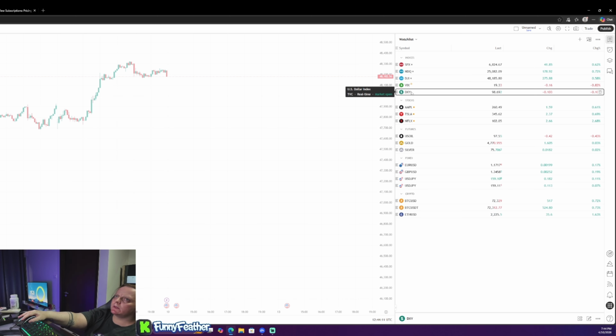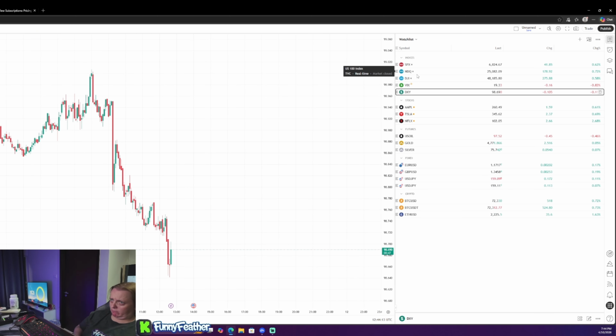Sometimes you can use this as well, the DXY, to analyze the chart regarding gold, because this is the US dollar index. So sometimes we use this to analyze gold and different Forex pairs. We can use this to see whether or not it is a confluence in our trading. Okay, so enough of that.